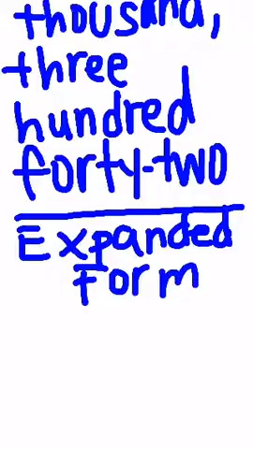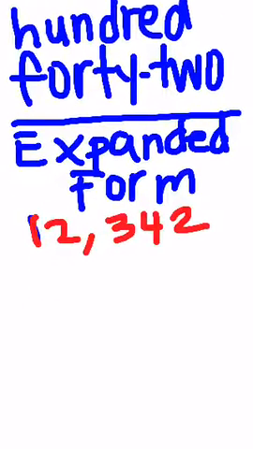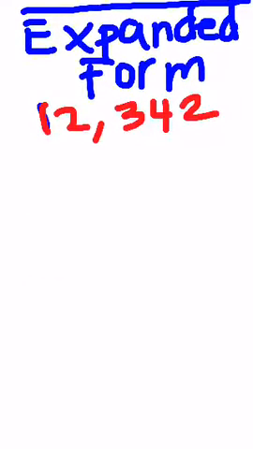And I'm going to write the number in a different color just so it stands out. 12,342. Now, again, that is standard form, but we're going to be writing it in expanded form. But I thought I would rewrite it so you could see the number.